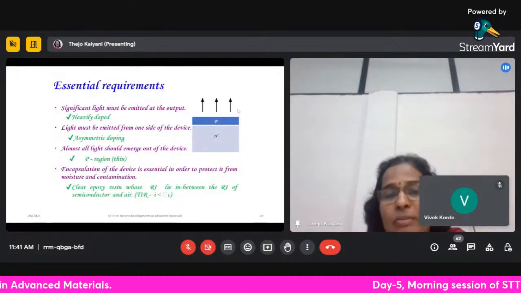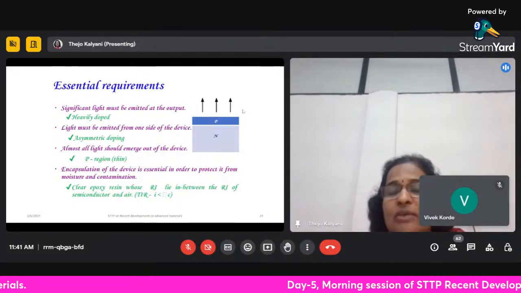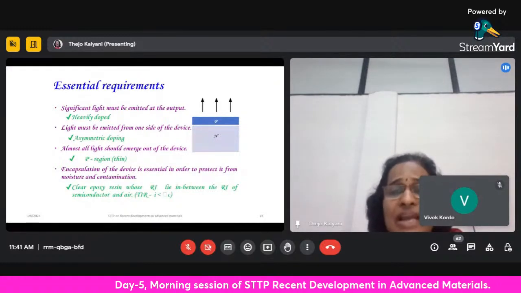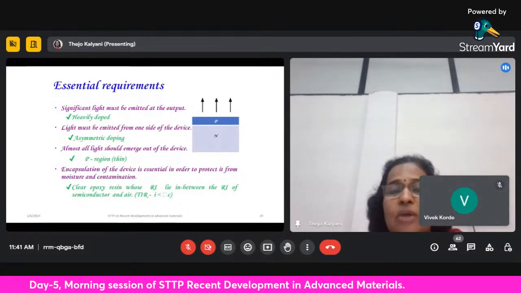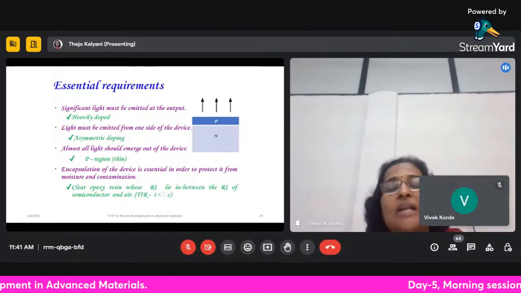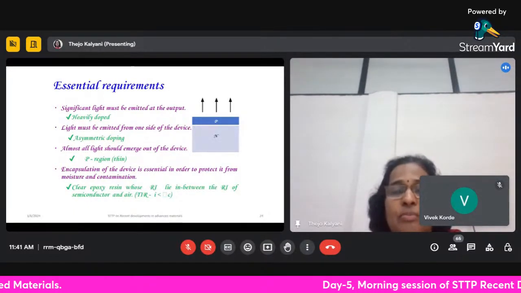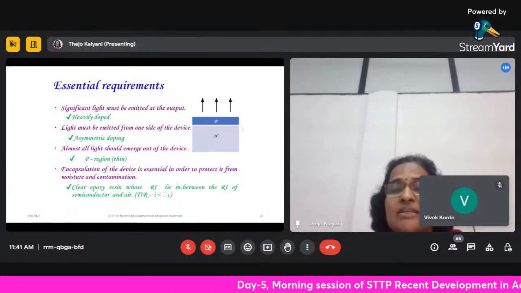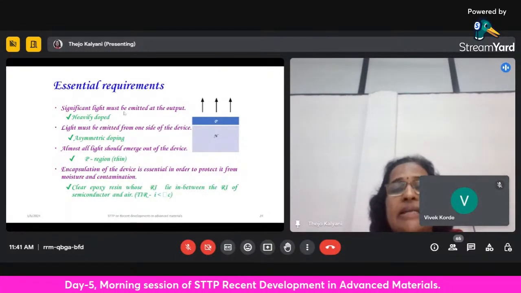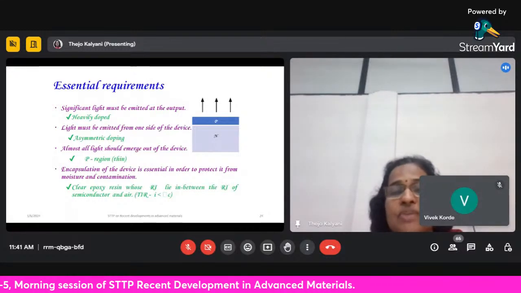And if more recombinations are required, more charge carriers are required. So the more light required, the more recombinations should be there. The more recombinations required, the more electron and hole pairs there must be. And in order to have more electron-hole pairs, we need to dope the semiconductors heavily. So heavy doping is going to lead to an intense light coming out of that LED.